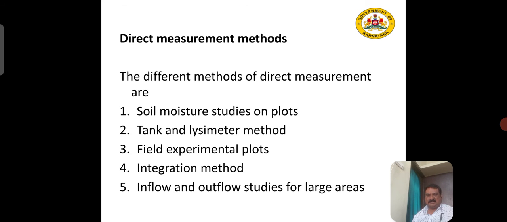Different direct measurement methods are there: soil moisture studies on plots, tank and lysimeter method, field experimental plots, integration method, and inflow and outflow studies for large areas.